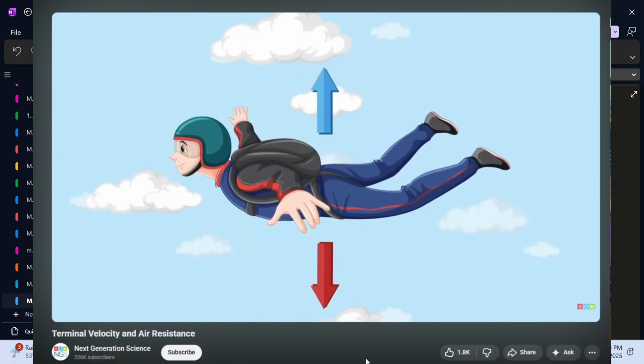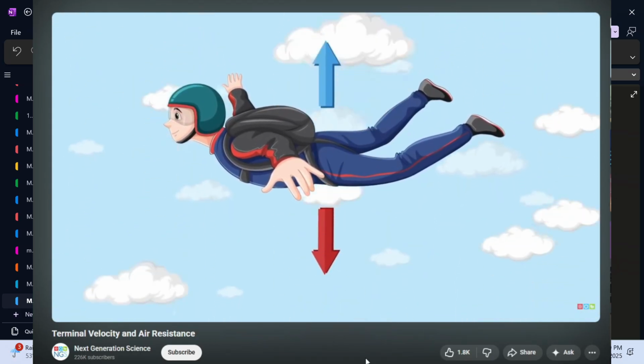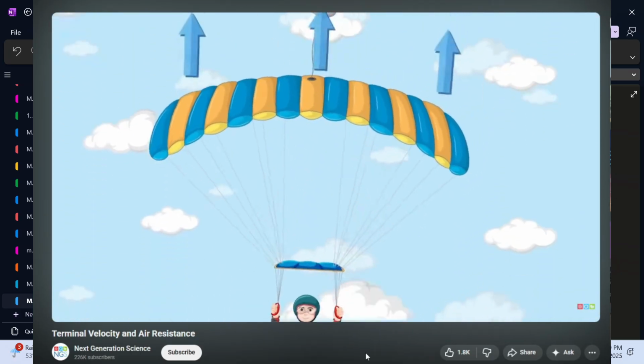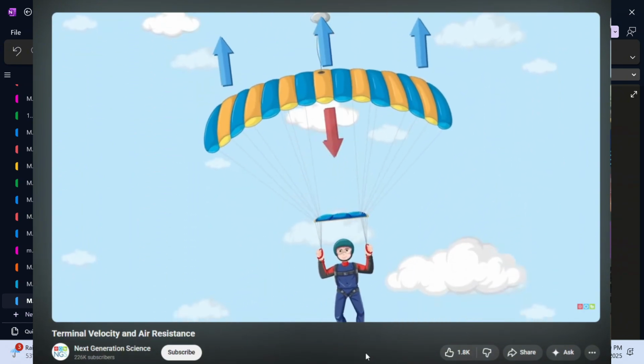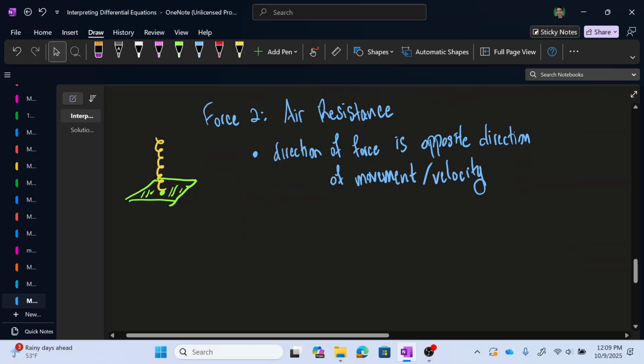If your object is moving forward, then the air resistance is acting backward. If your object is moving up, the air resistance will act down. Air resistance will always act in the opposite direction of the way that you're moving. So the direction of the air resistance force is opposite of the direction of your velocity.